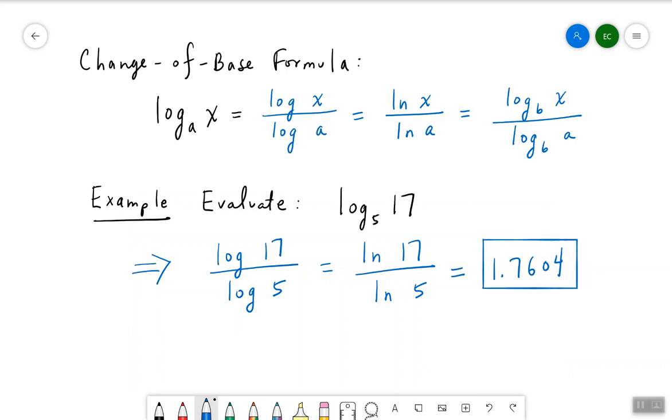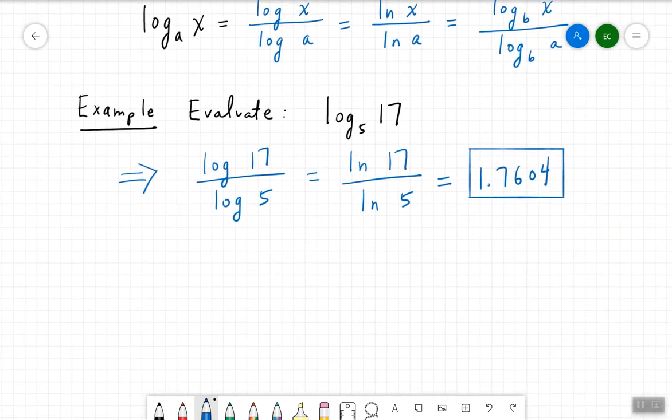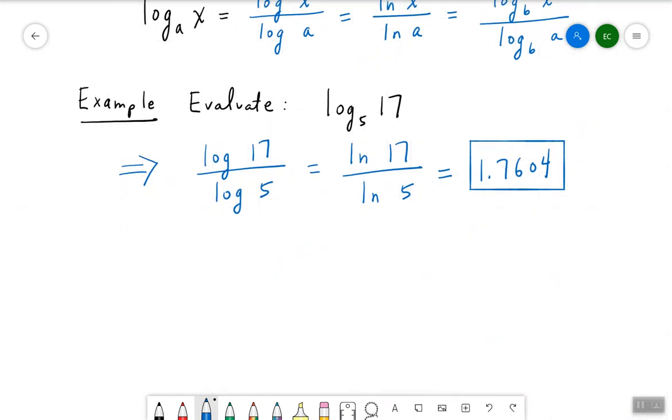Okay. One more thing I'd like to do is show you why the change of base formula works. So this is nice to understand in its own right, and then it's also going to be important in the next section when we solve some more equations.